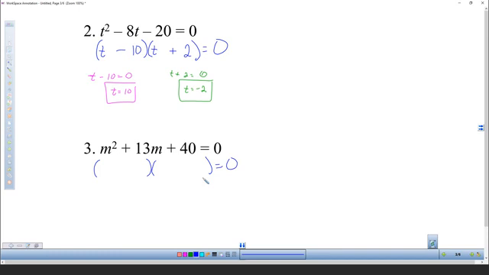Those are not factors. I'm not going to accept that as an answer. Make sure you tell me whether it's m plus, m minus. There you go. I like that better. Trying to make sure you're paying really close attention to signs and variables and all kinds of nasty little things like that. I love the numbers.